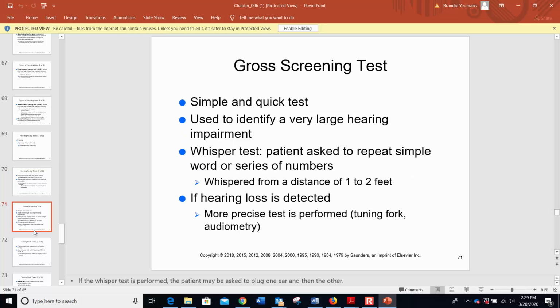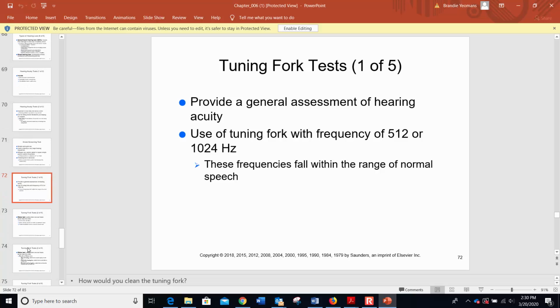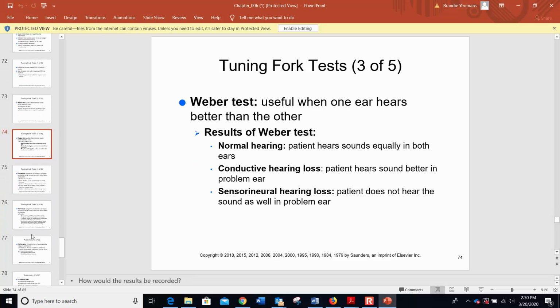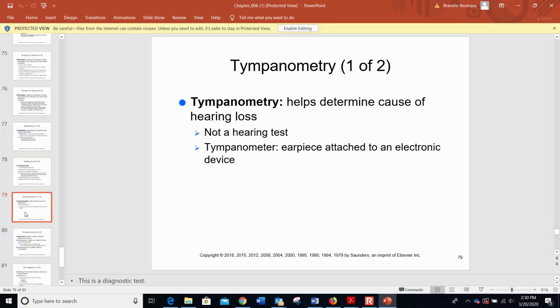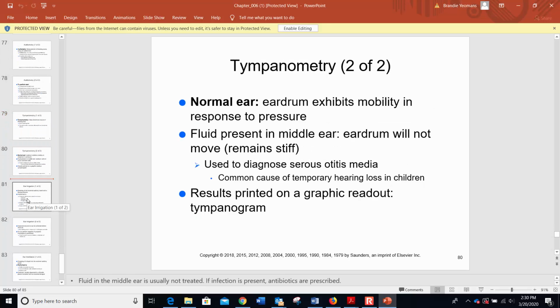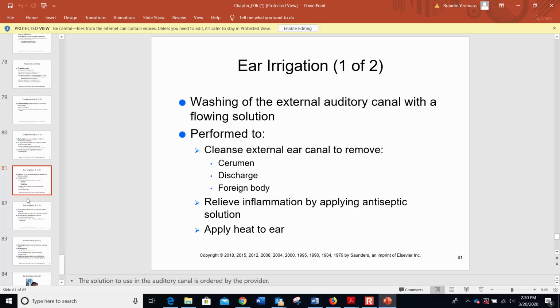So let's actually move on to looking at ear instillation and irrigation. That's the fun stuff that we get to do. I love to wash out ears. It's pretty cool. But why do we do it? Well, we're washing out the external auditory canal with some type of solution.